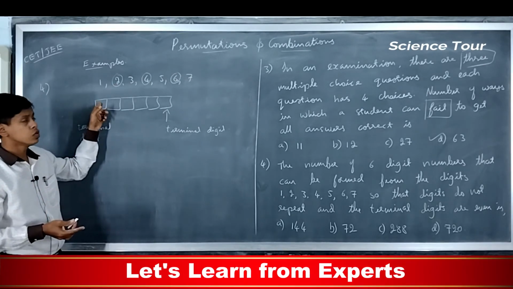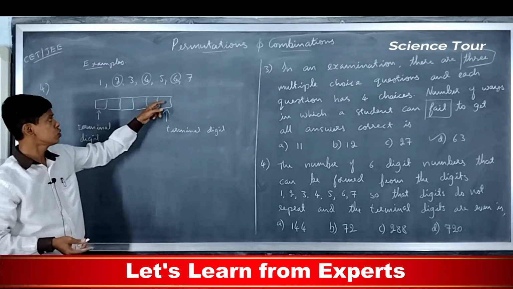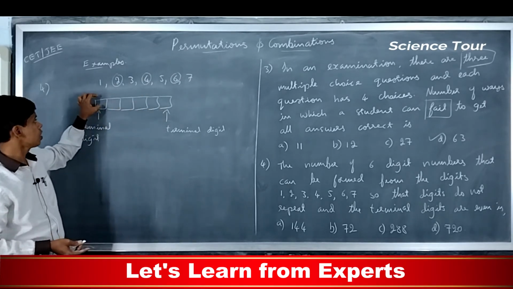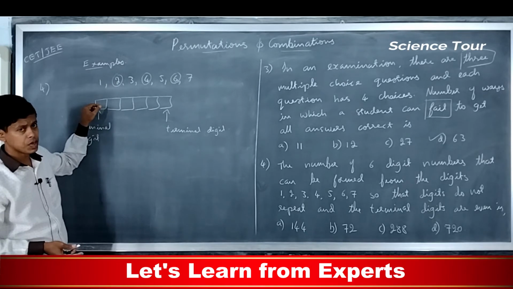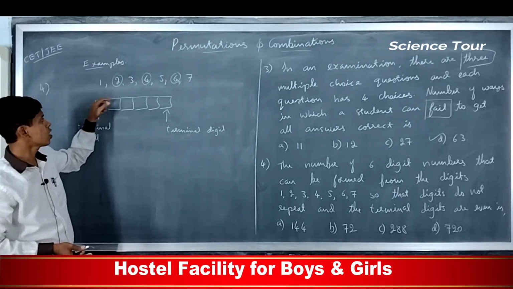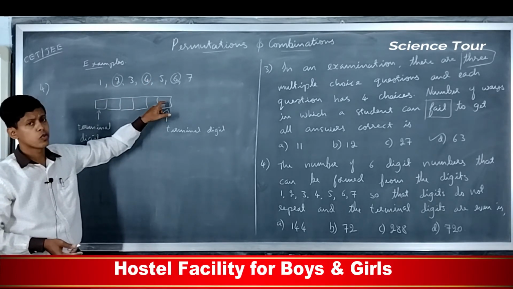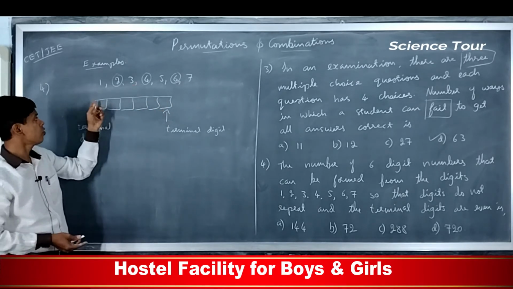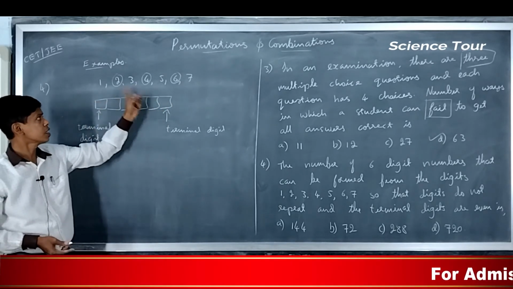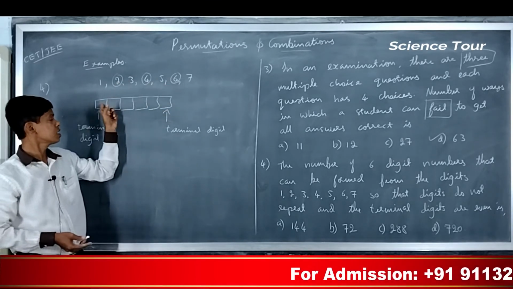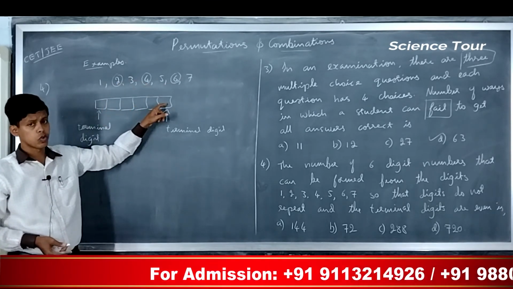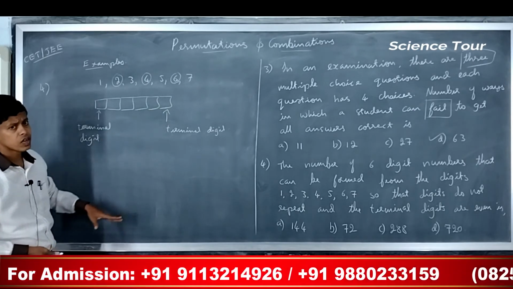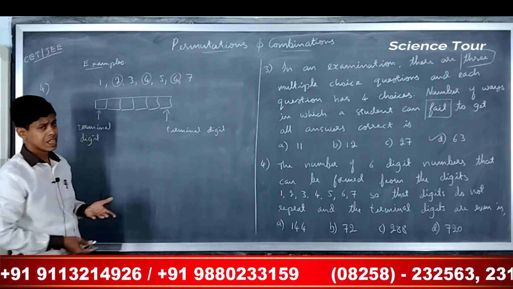Imagine you have taken 2 here, you cannot take 2 here. So if you have got 2 in this place, you cannot put 2, but you can put 4 and 6. Alright, so next case, you can take 4 here, let us say, and you can take 2 and 6 here, or you can take 6 here and you can take 2 or 4 here. So you have to have 3 different cases.